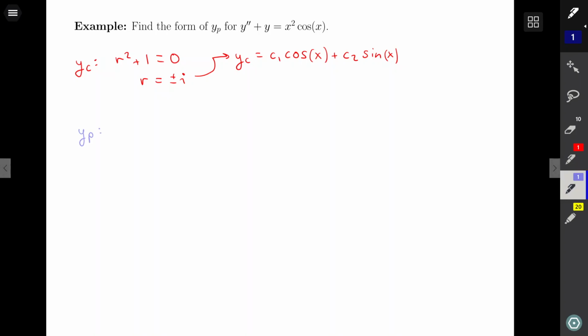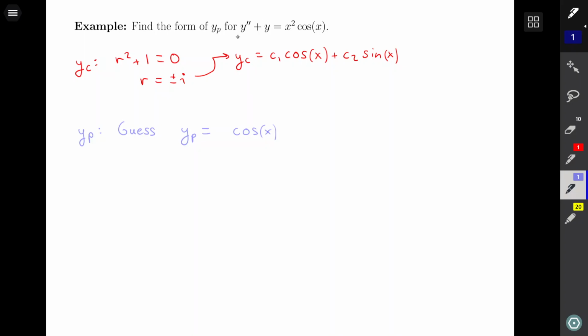And now for yp, you go through and you make a guess. So I'm going to leave some space here because there's going to be a lot more writing this time. So if this g of x on the right-hand side involves cosine of x, you say, well, I definitely am going to need to have cosine x.